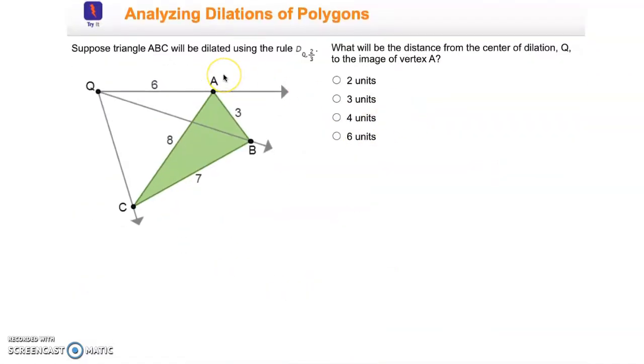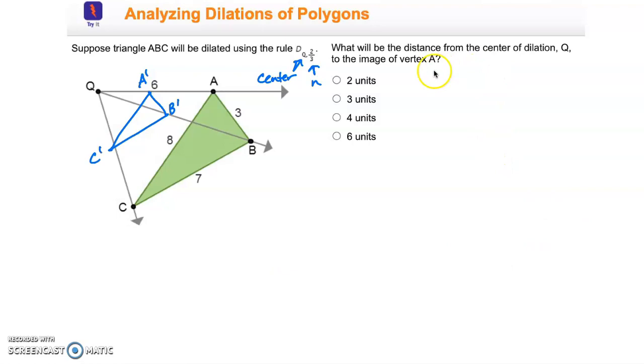So if we take a look at this, this is the rule, D sub Q of 2/3. Remember, Q is our dilation point, our center of dilation, and this is the scale factor, or our N. So the center of dilation is Q, and it's telling us our dilation factor. So what is the distance from the center to A? We're going to have some figure in here where we're going to have A prime, B prime, and C prime.